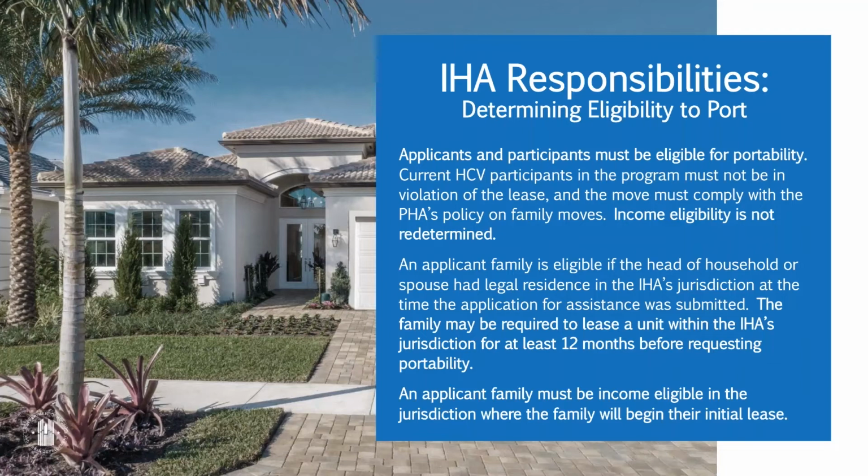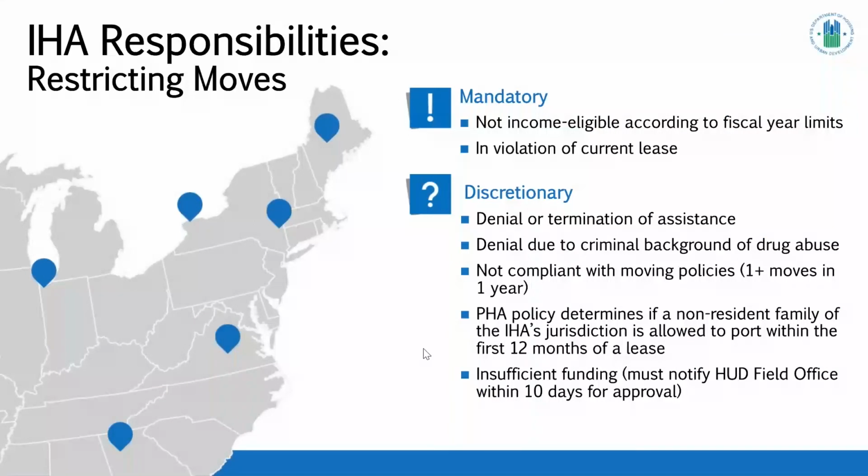If an applicant family decides to move to the receiving housing authority's jurisdiction and they are income eligible, of course, the housing authority cannot restrict that move. If the family is in violation of the lease, the move must be restricted.